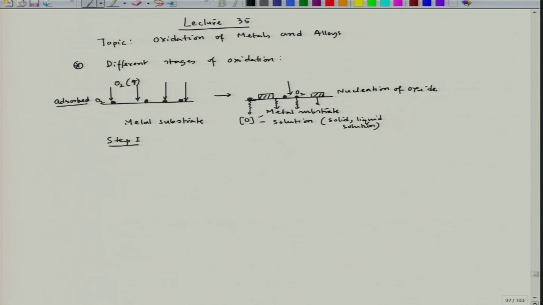So, we have adsorption, nucleation of oxides, and dissolution of oxygen, and this dissolved oxygen is in solid solution if we consider the solid metal exposed to oxygen. Now, this is stage 2; instead of step, we can say stage 1, stage 2.